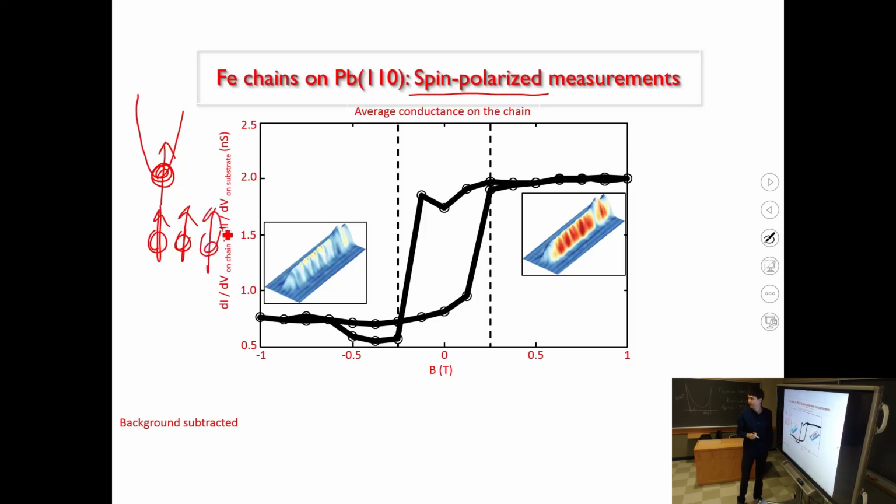of spins. Then you are using this magnetoresistance effect, where under the influence of an external field, a chain might flip at a different time than the tip. And then for parallel alignment of chain and tip, you have higher tunneling current. And when they're aligned in opposite directions, you have a reduced tunneling current.